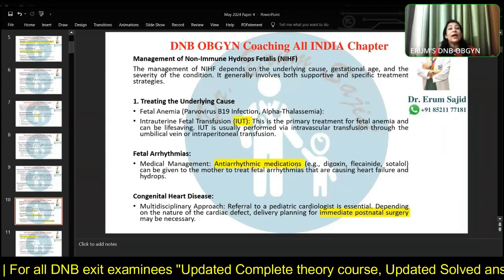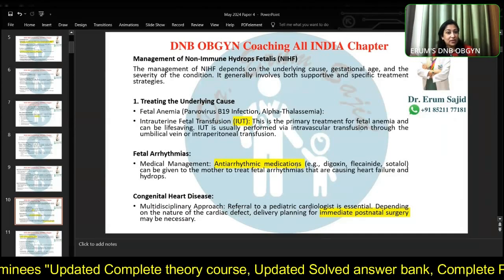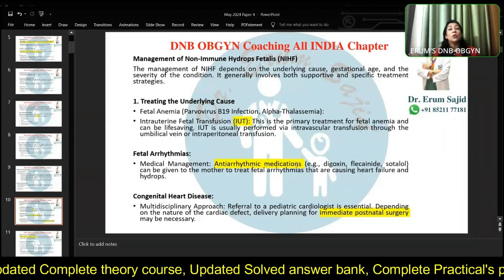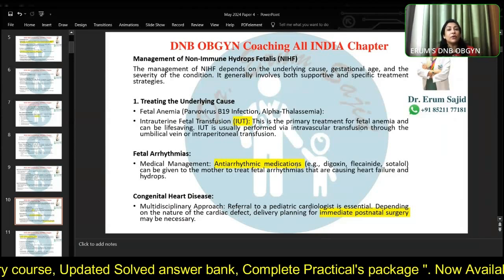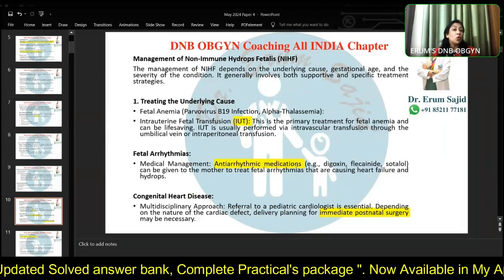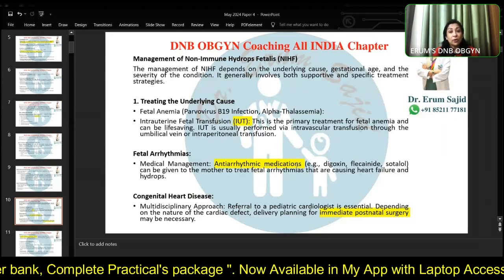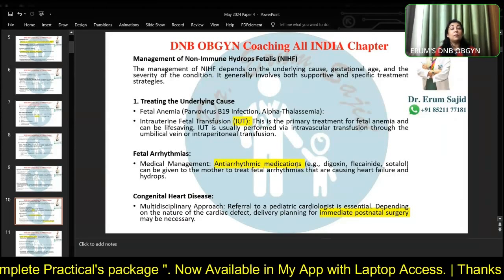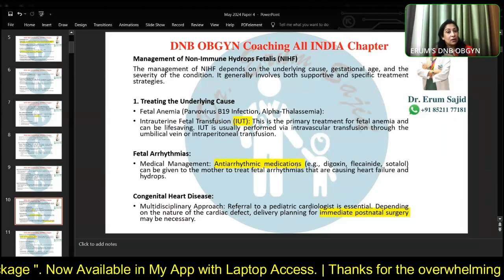And for that, we have already spoken in length when I was discussing isoimmunization case discussion with one of my students. We spoke in length what is the dose, how to give, what different modalities of intrauterine transfusion are there, and how to go about it. But intrauterine transfusion is a way to manage hydrops in case the baby is anemic, and because of that the baby is having hydrops.